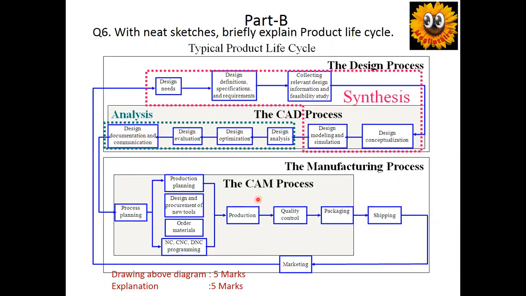Similarly, in the CAM process, everything should be there: process planning, CNC code generation, production, QC, packaging, shipping, marketing. And from the market, the design team will get required feedback. So this is the relevant write-up, and you are supposed to explain all the data in detail. Drawing carries 5 marks, relevant explanation carries 5 marks.